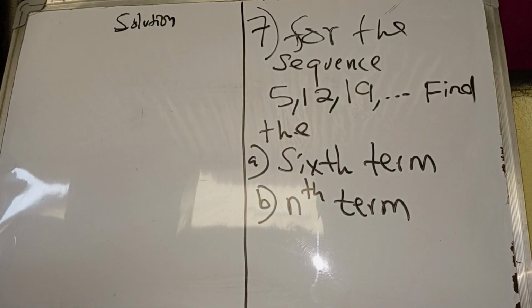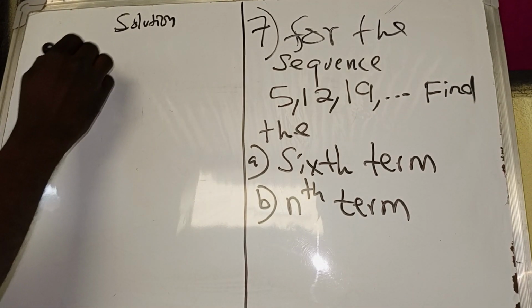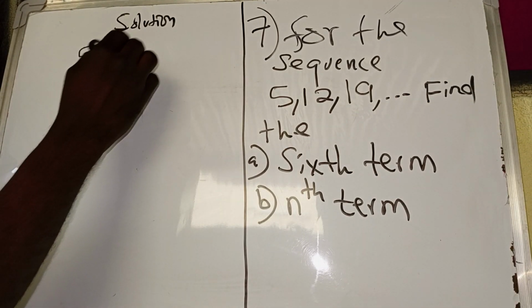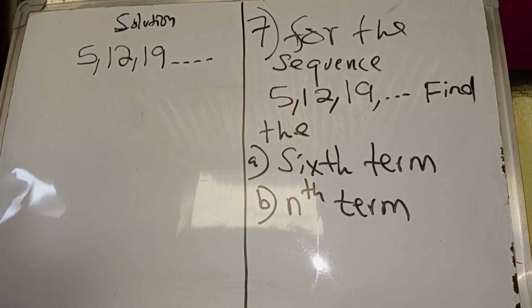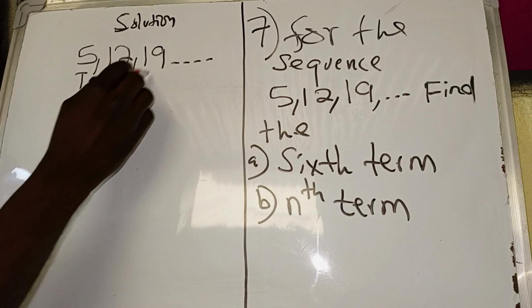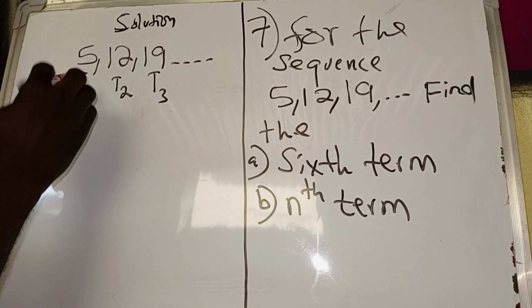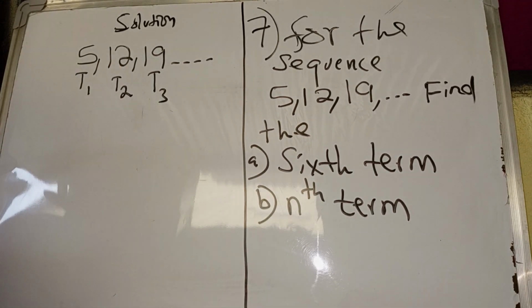Okay, solution. We have 5, 12, 19, and so on. As you can see, this is term number 1, term number 2, term number 3. Now you need to understand this sequence.